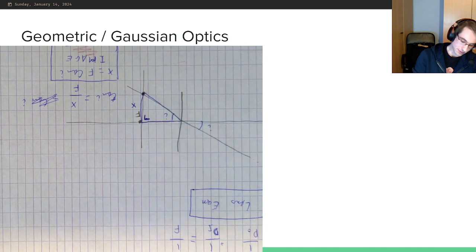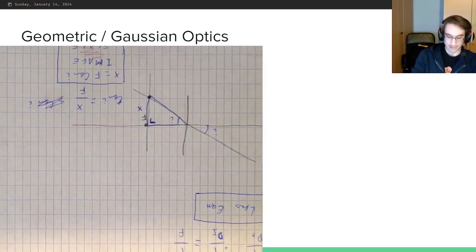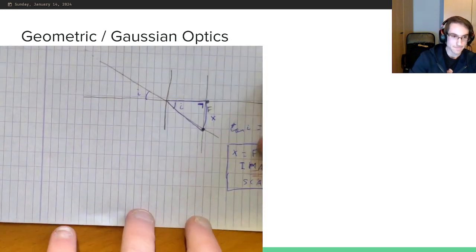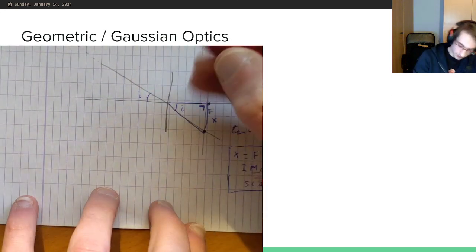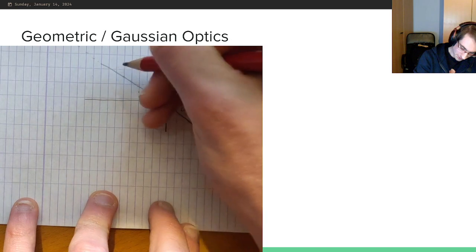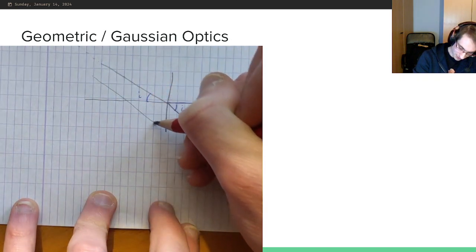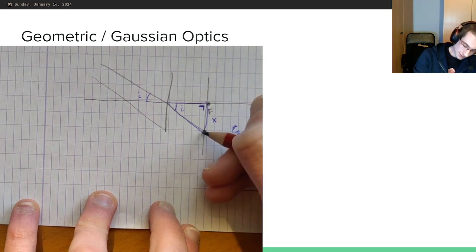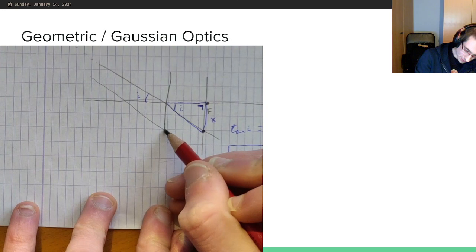It goes to the eyepiece, and actually, let me add another light ray first. There's going to be more light coming in from the same star, like this, at the same angle. It's going to get refracted, and I know how it's going to get refracted because I know its image must be here. So I can now do this.